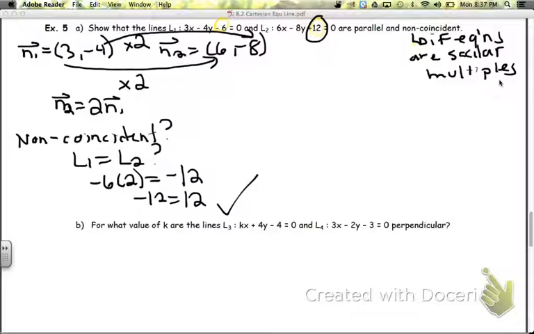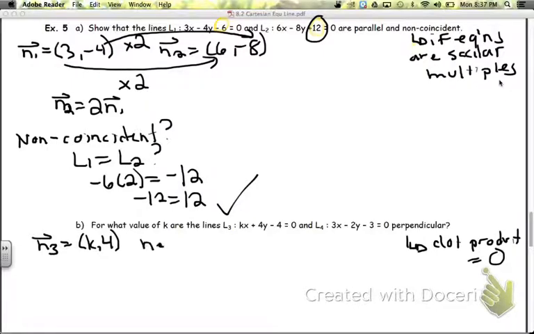Now for B, for what value of k are the lines L3 and L4 perpendicular? If they're perpendicular, we know that the dot product of the normals is going to be equal to 0. I have my normal for line 3, which is (k, 4), and my normal for line 4 is (3, -2).